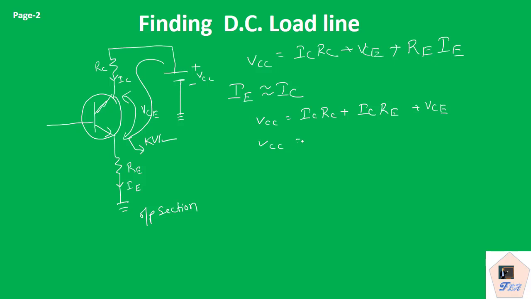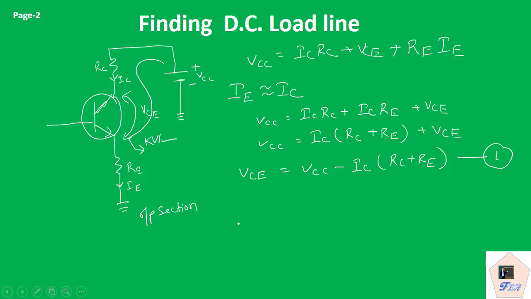Which implies VCC is equal to IC taking common, RC plus RE, plus VCE. So if we take the output parameter on the left hand side, VCE will be equal to VCC minus IC into RC plus RE. So this is giving us equation number 1, which is nothing but the output equation.